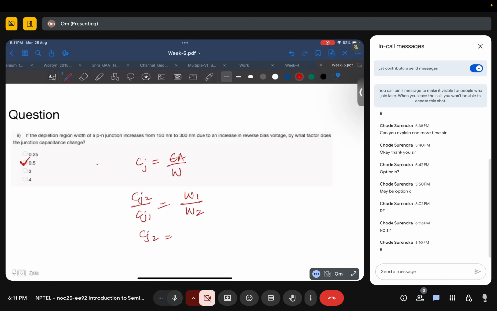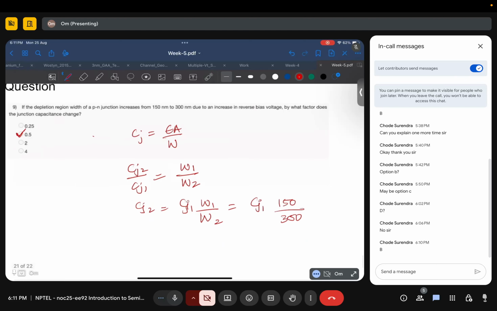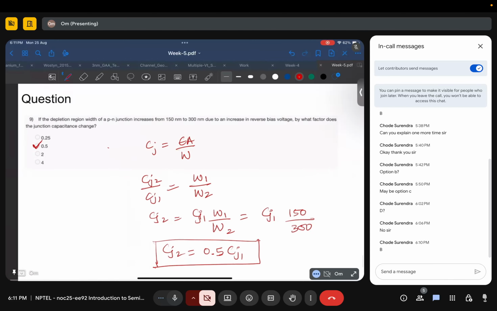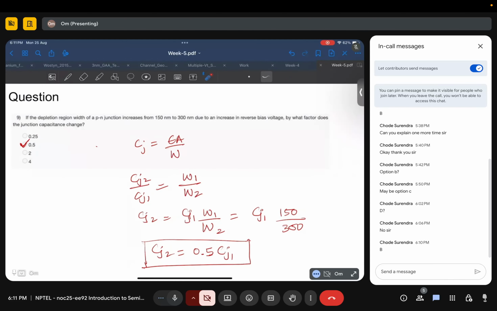Cj2 will be Cj1 times W1 by W2, which is Cj1 times 150 by 300. So Cj2 is 0.5 times Cj1, right? So option B is correct.